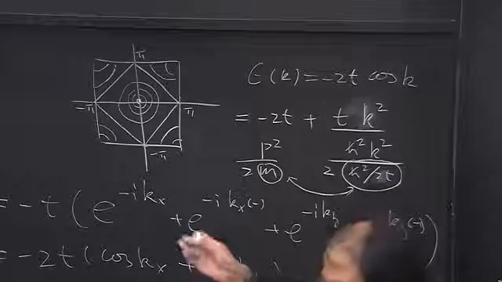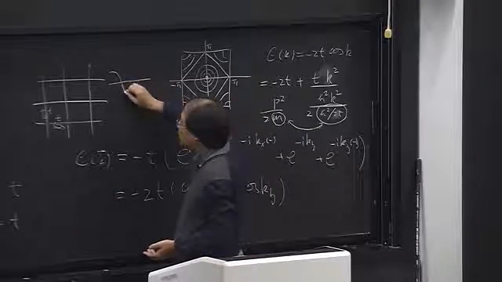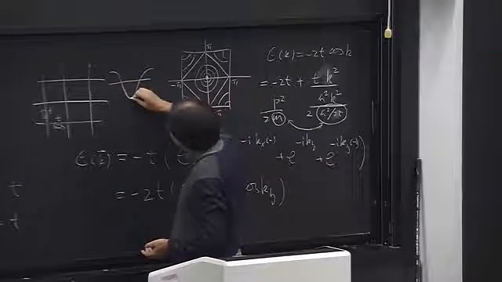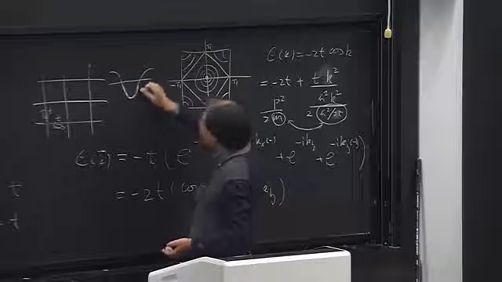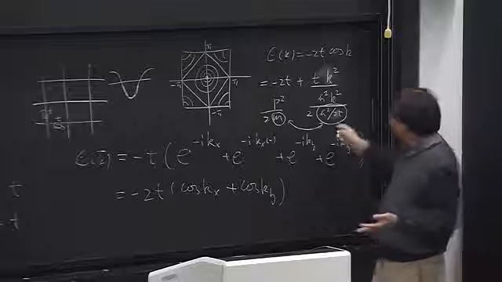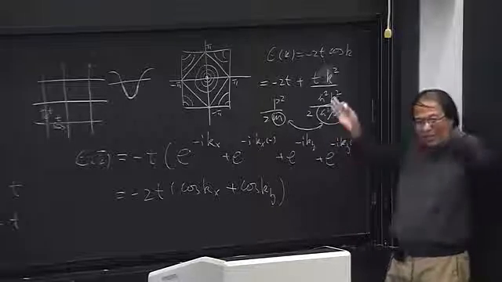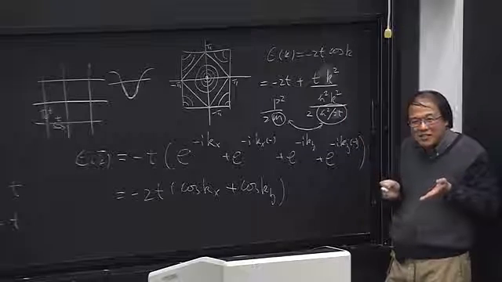So that means near the bottom of the band. Remember, in one dimension we have a band. Near the bottom of the band, it's like a parabolic energy-momentum relation, and we have some mass here. This curvature gives the mass.